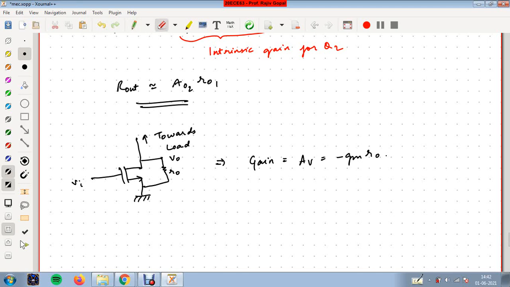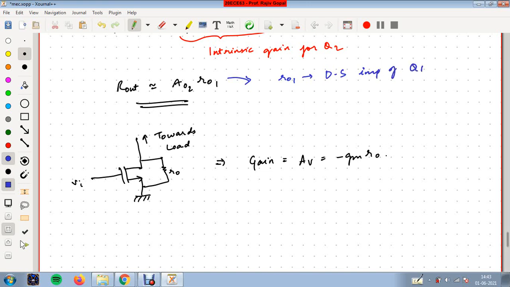So R naught 1 is the drain to source impedance of Q1.